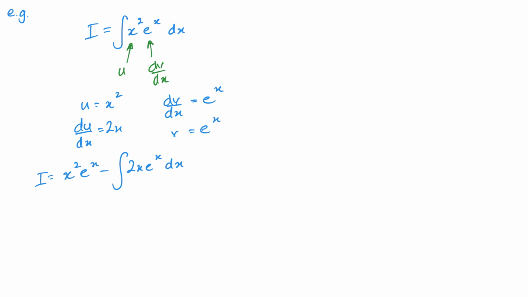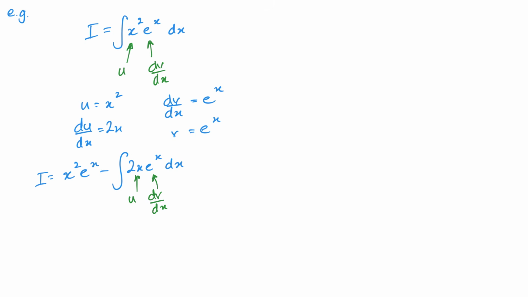Now, in this particular case, and this is one that does appear in quite a few past paper exams, you'll notice that we've got a function times a function again. So what we actually have to do is do this whole process again just for this one. So if I rewrite these two, this is going to be my u and this one is going to be my dv by dx.